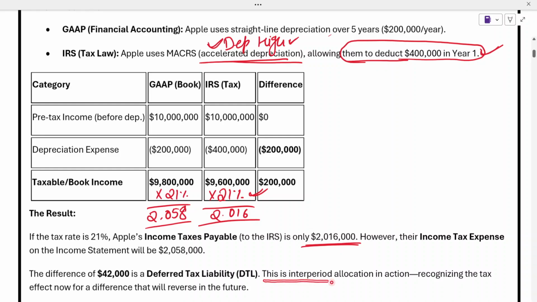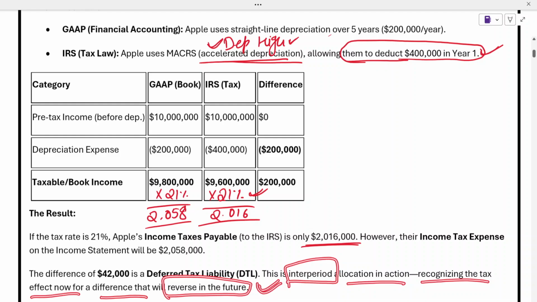Now this is inter-period allocation. Basically we are calling this inter-period because right now the taxes are lower, and in another year the taxes will somehow be higher. So we call it inter-period, a different period allocation, recognizing the tax effect now for a difference that will reverse in future.